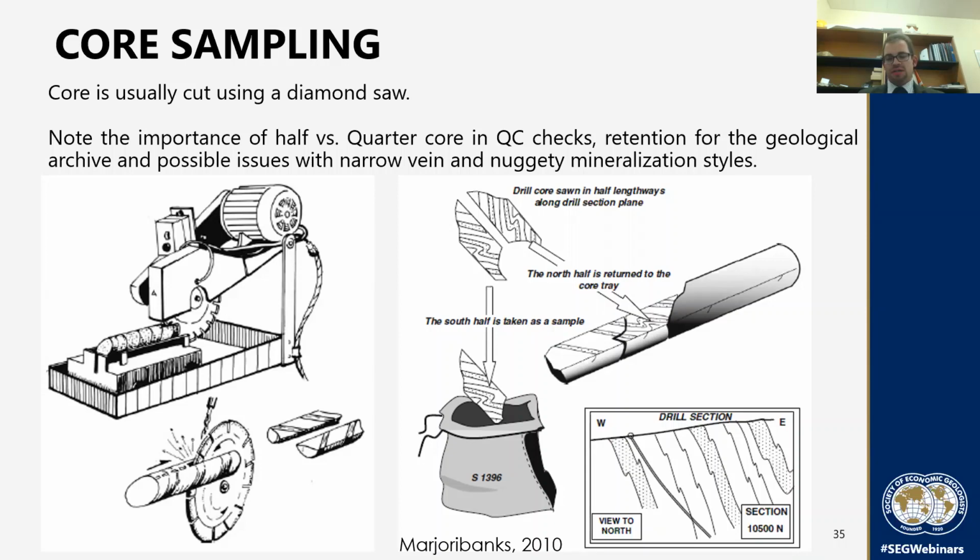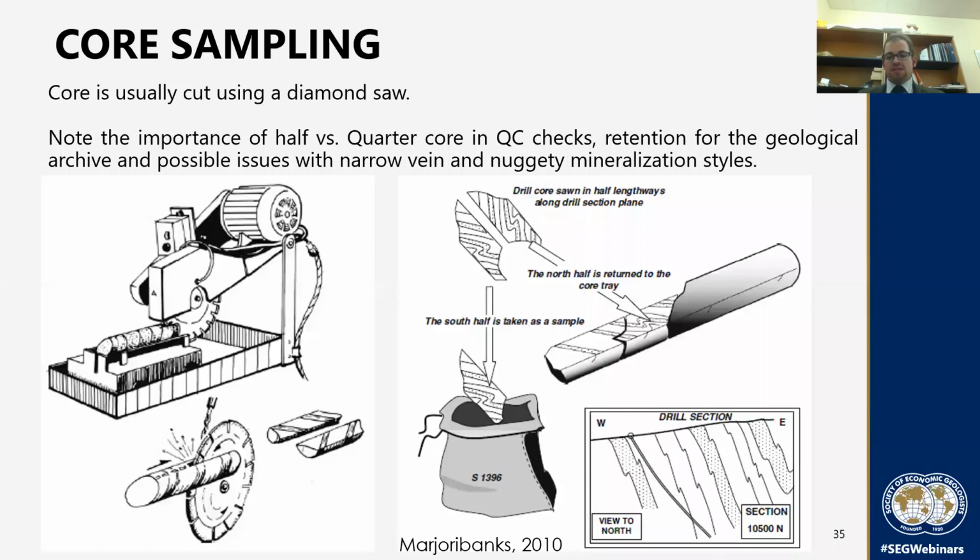Now, it's very interesting. You can see on the right-hand side that one half of the core is being bagged and sent off to the lab for analysis, and the other one is returned to the core tray as archive material for geologists to log and do further analysis on.